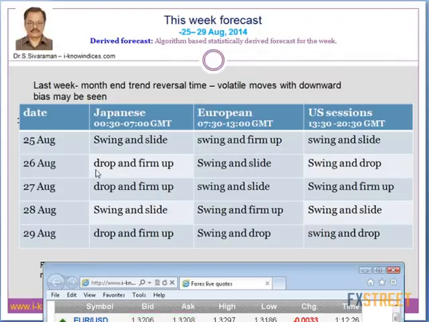So they will quickly make a drop like how they have started today by making a quick drop and firm up in the case of euro and GBP during the start of the Japanese session. And they will try to do it tomorrow also and firm up. Then again swing and slide. Then they will start making the drop during the US session.